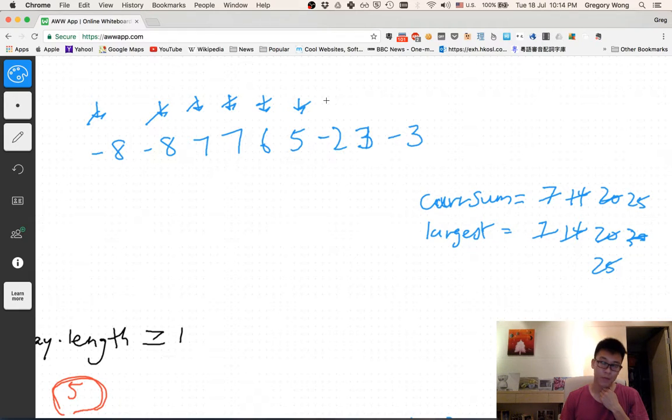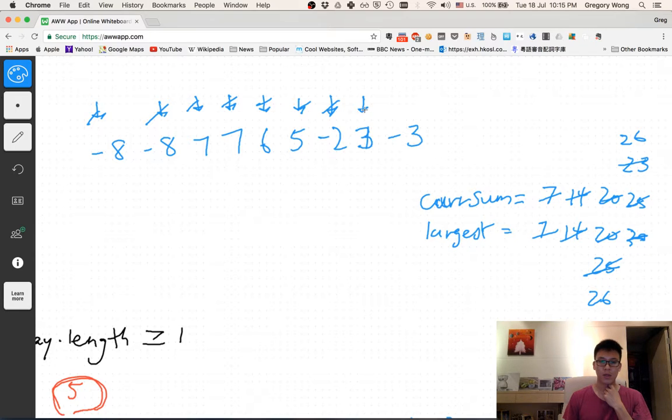So what happens is, I add that to the current sum. And I see that it's still a positive number, so I don't reset it to 0. As usual, I sum it, and it's larger than the largest number, so it's 26.